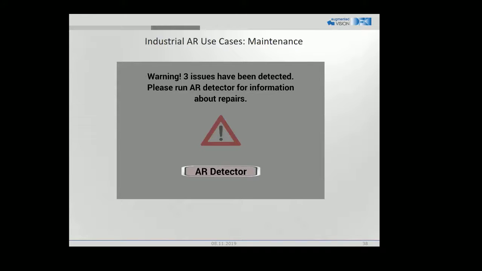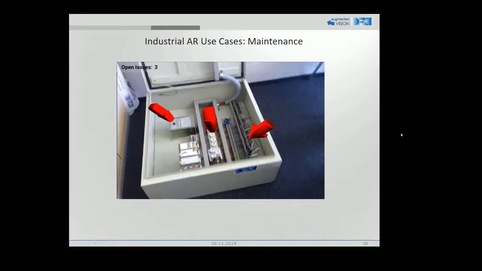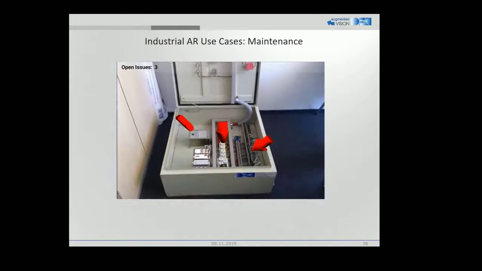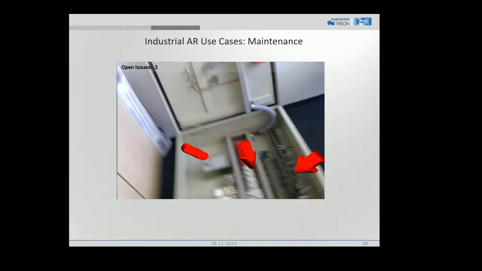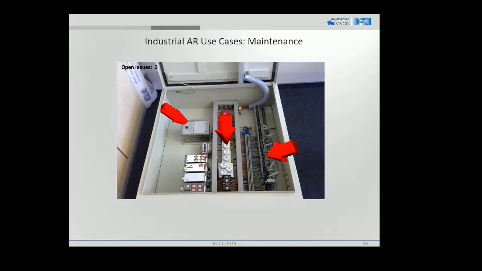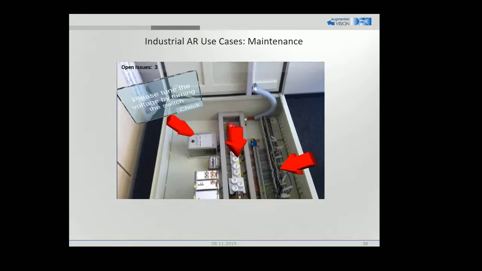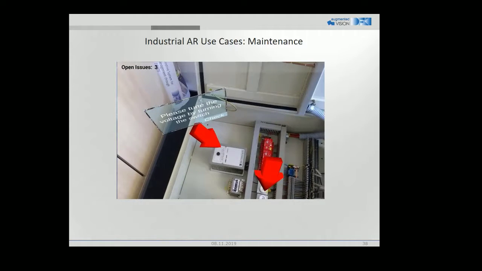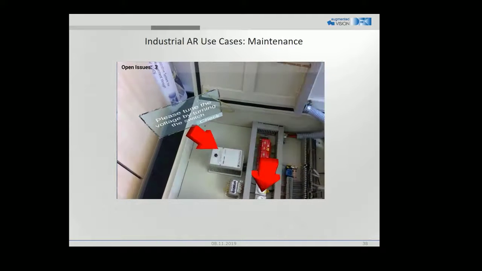Other use cases of augmented reality, which is maintenance. As you can see, there is an electrical device and there are some problems that are needed to be solved. And augmented reality can help us identify these problems and solve them.